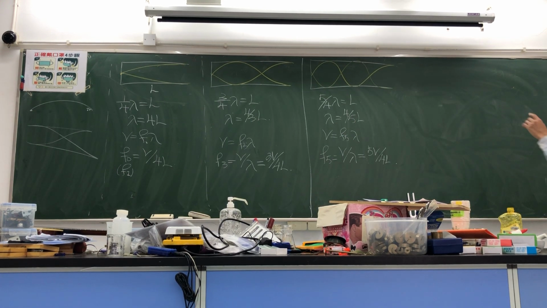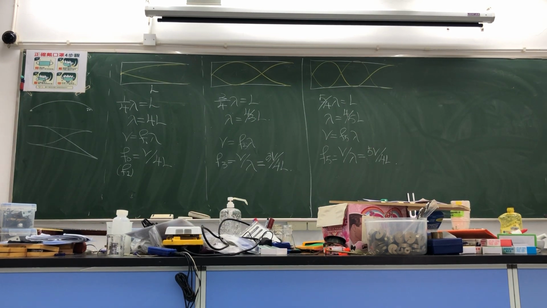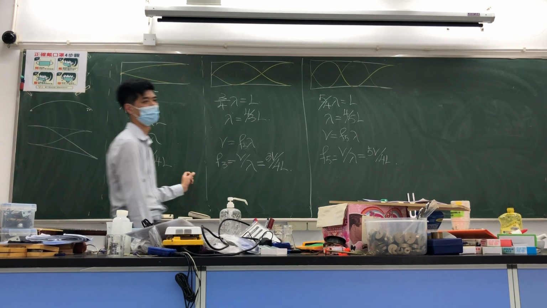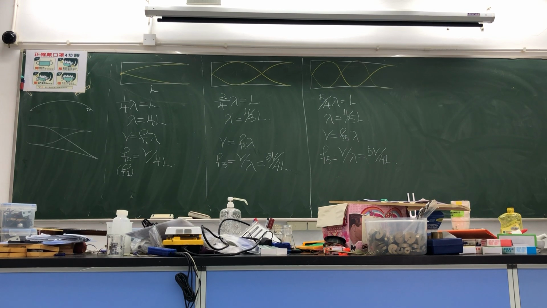Okay, so as you can see, the denominators will be 1, 3, 5 for this closed tube case, so there is no second harmonic frequency, but there is a third harmonic frequency.